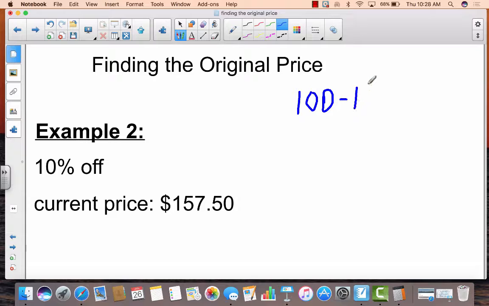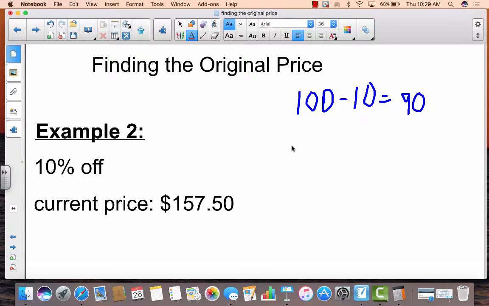So if I'm not paying 10%, then I am paying the remaining 90%. So if I'm paying 90%, 90% as a decimal is 0.90. We don't know what we're paying 90% of because that's the missing piece. So it's 0.90 times some number x. And the answer is the sale price, which we were told is $157.50.